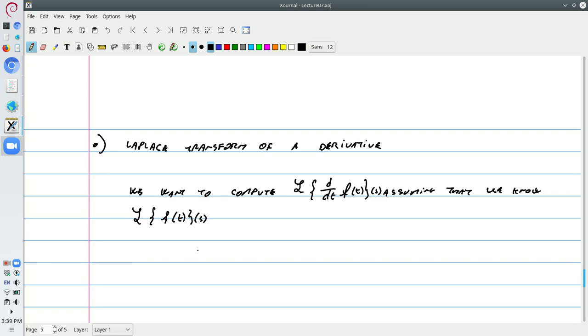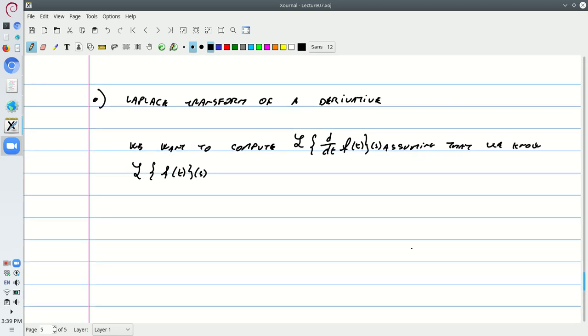Let's see what happens by trying to compute it. We have the integral from 0 till plus infinity of the derivative with respect to time of f of t exponential of minus st dt. Here we can apply integration by parts.